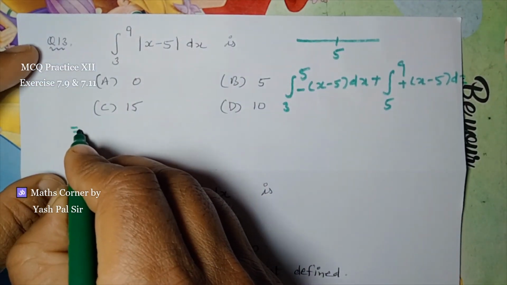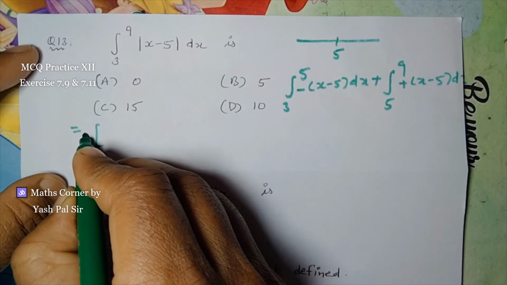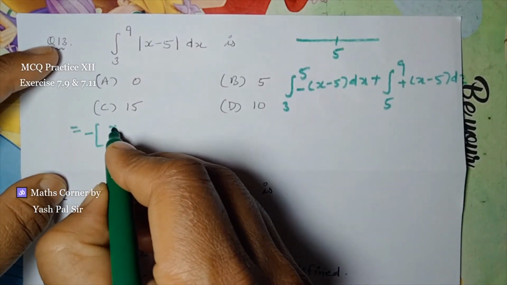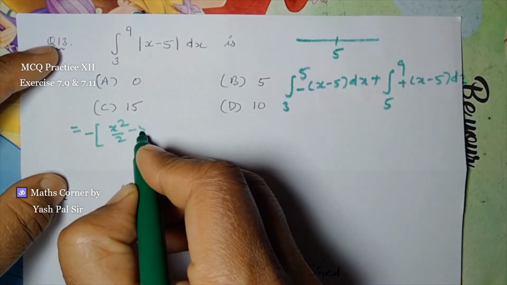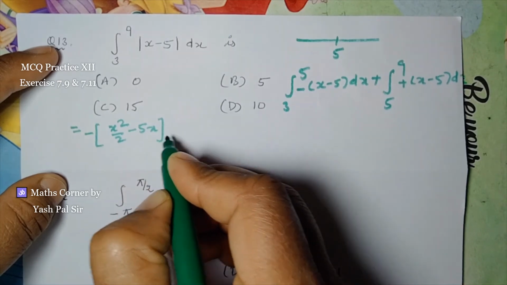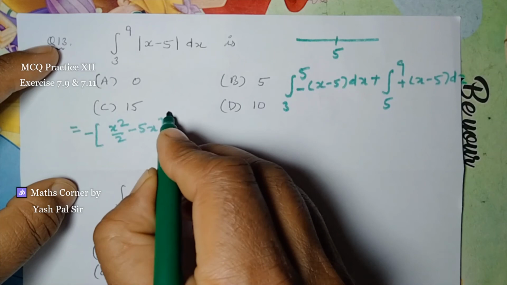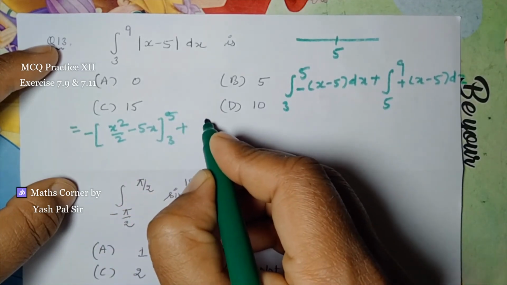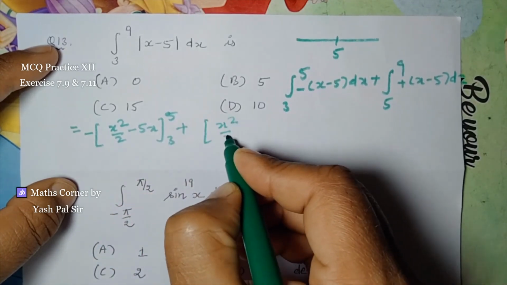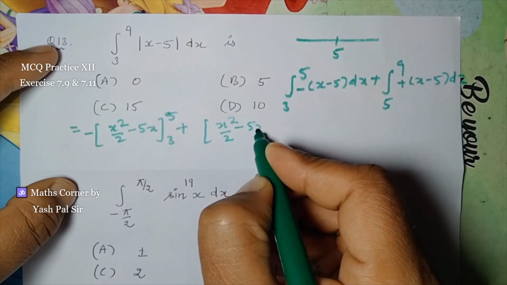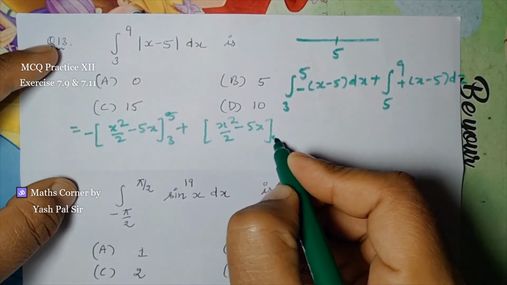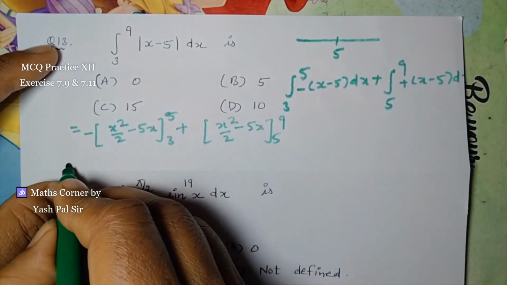So further, this is equal to minus x square upon 2 minus 5x, limit 3 to 5, plus again the same x square upon 2 minus 5x, limit 5 to 9.